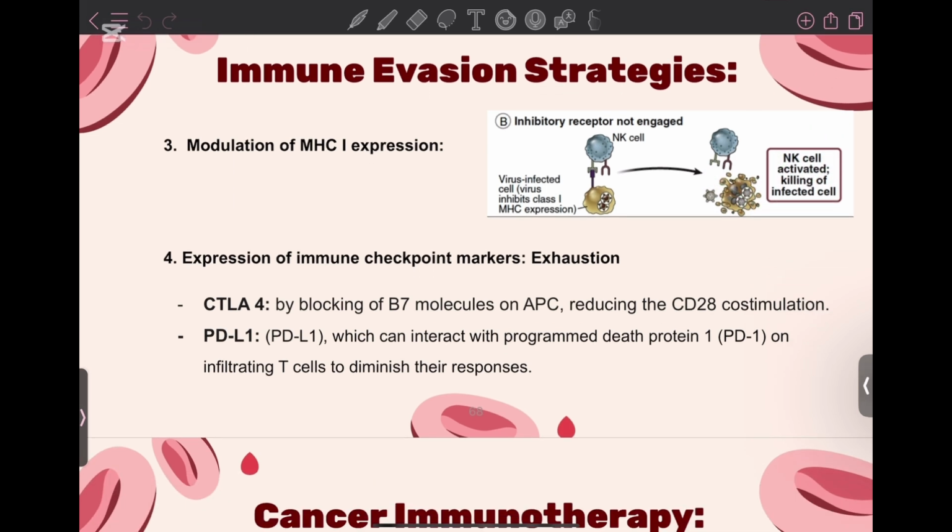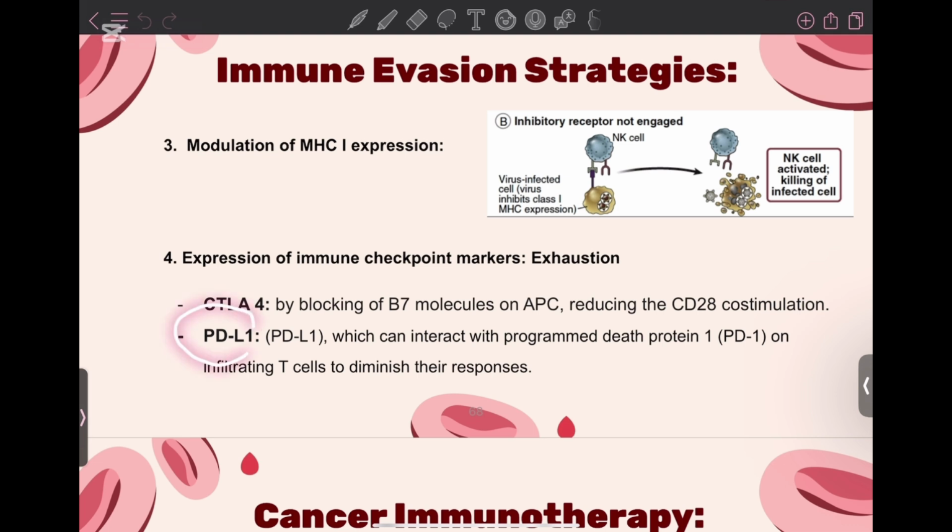Last but not least is the expression of the immune checkpoint markers, and this is what we call exhaustion. Basically, the cancer is going to start producing CTLA-4 and PD-L1. These two are going to prevent the immune system from producing its normal immune response, because CTLA-4 is going to block B7, so it's going to prevent the CD28 co-stimulation that is required, because we know that for a T cell to become activated, or a B cell, they require co-stimulation.